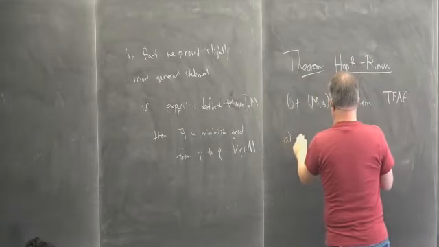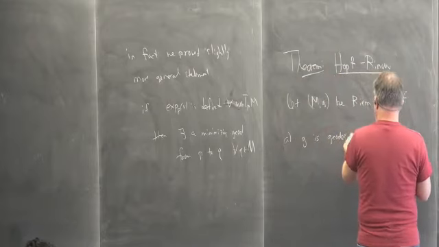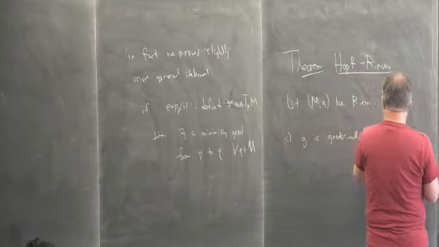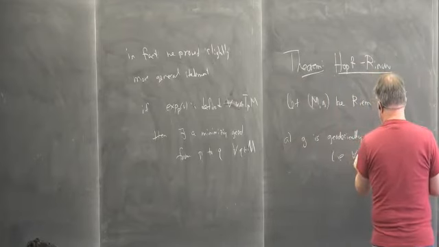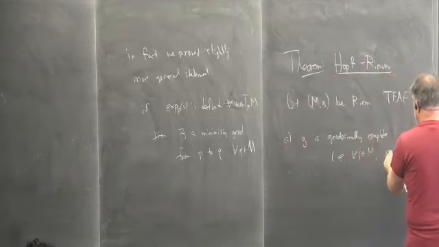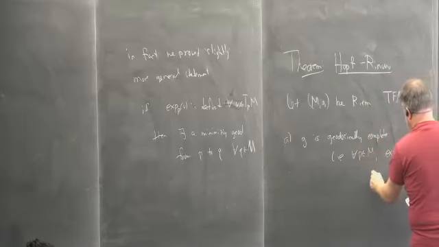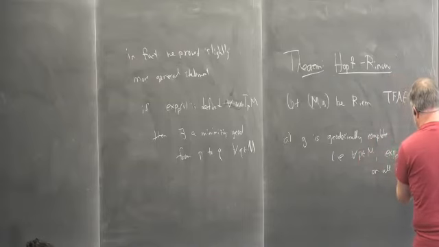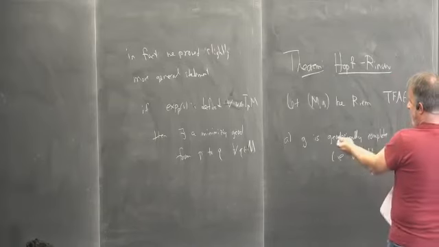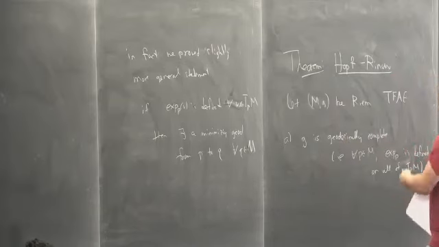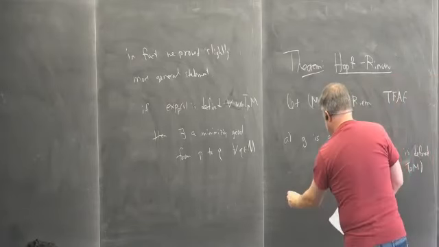First of all, A: g is geodesically complete, i.e., for all p in M, exp_p is defined on all of T_pM. This is what do Carmo calls both A and D, but this was the definition of geodesically complete, so it doesn't make sense to do that.